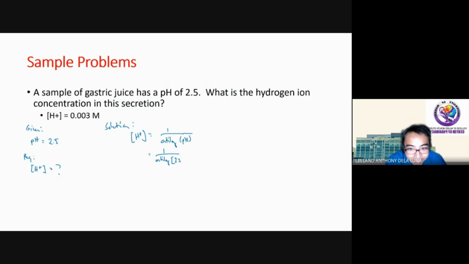Sabi ko, parang pag hinahayaan ko kayo minsan mag-transpose, minsan nagkakamali eh. So that's antilog of 2.5 equals, 1 divided by answer equals, so give you 3.16 times 10 to the negative 3 molar.